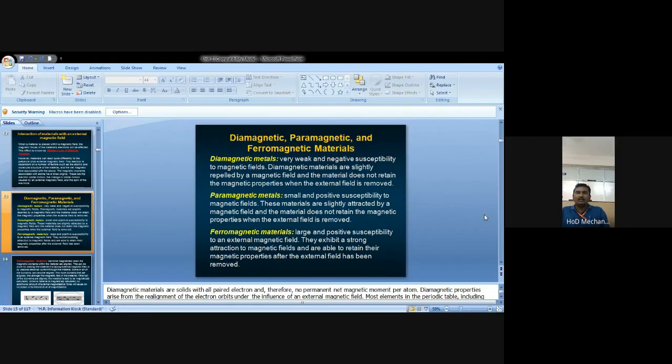The second one is paramagnetic metal. It has a small and positive susceptibility to a magnetic field. These materials are slightly attracted by a magnetic field, and the material does not retain the magnetic properties when the external field is removed.